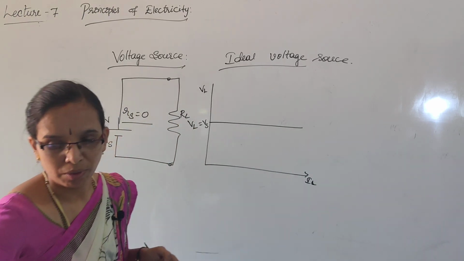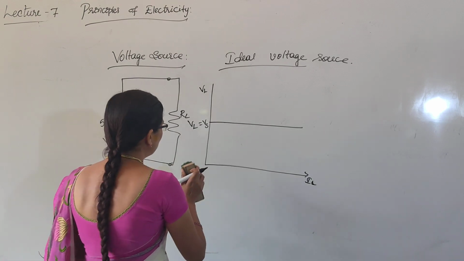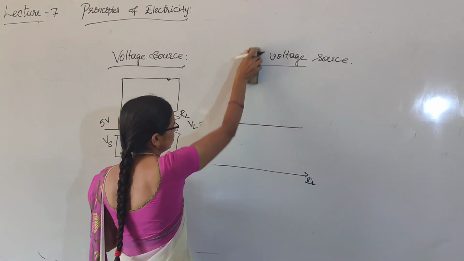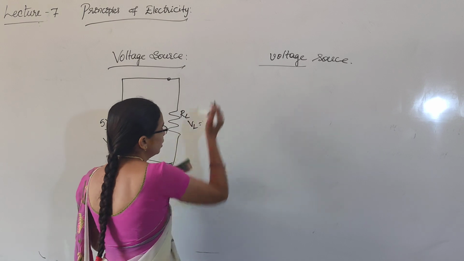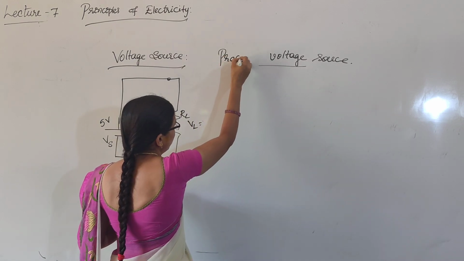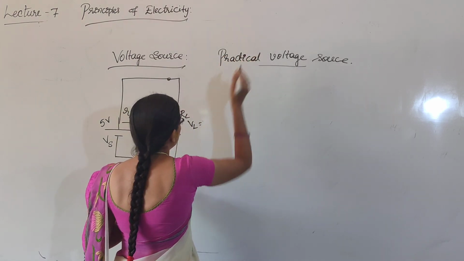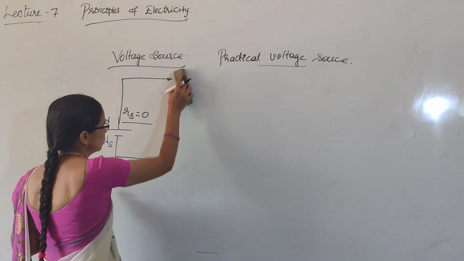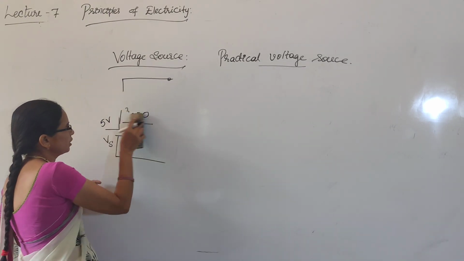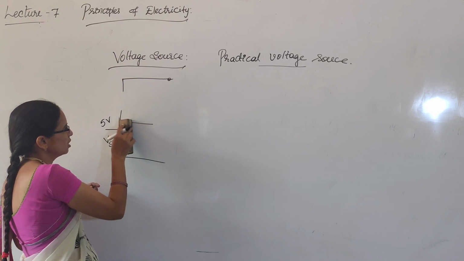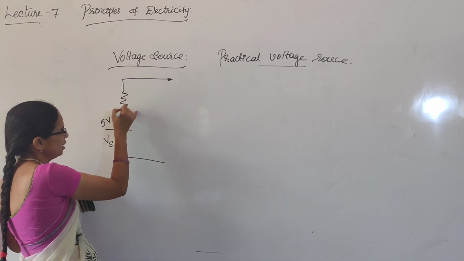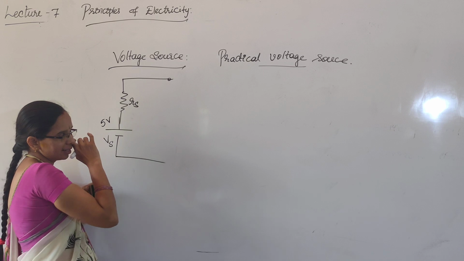Ideal voltage source is completed now. If we go to practical voltage source, in a practical voltage source, you can expect RS will not be 0, there will be an internal resistance.